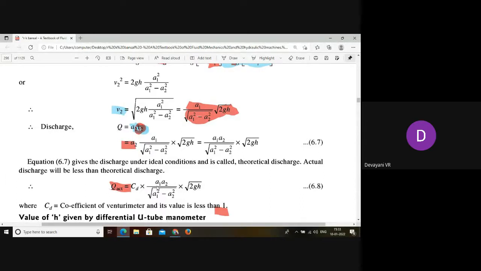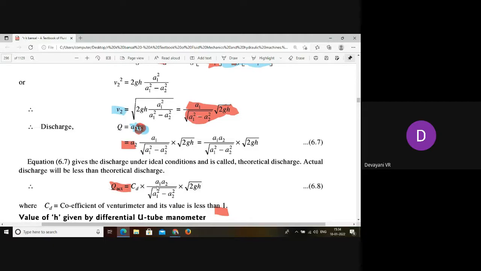What is the formula for theoretical discharge? That is a1 a2 by root of a1 square minus a2 square into square root of 2gh. Okay, that is the equation for actual discharge and theoretical discharge, right? And we should remember that the coefficient of discharge of venturimeter should always be less than 1.